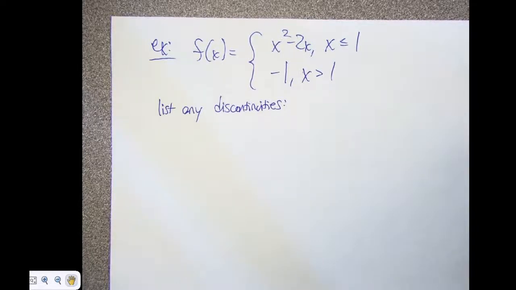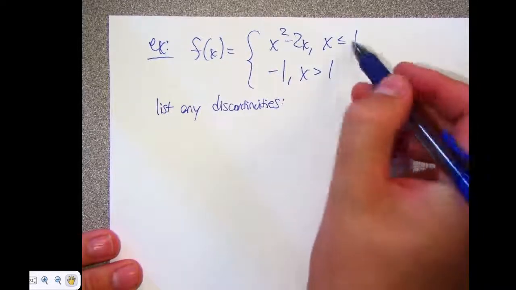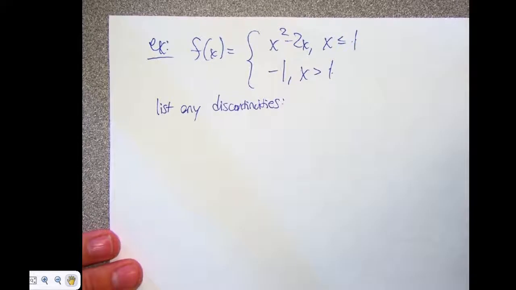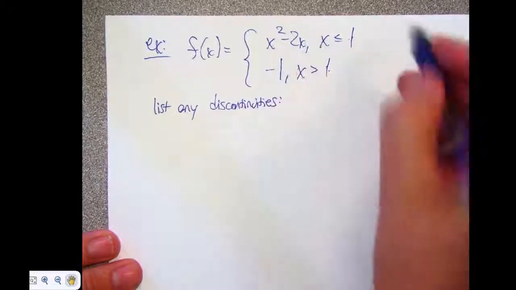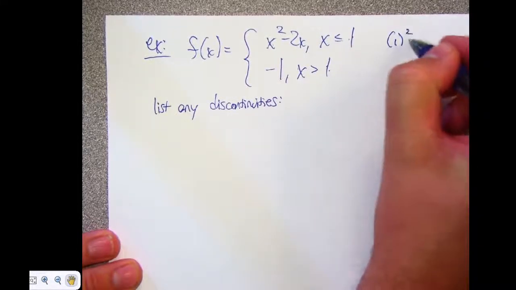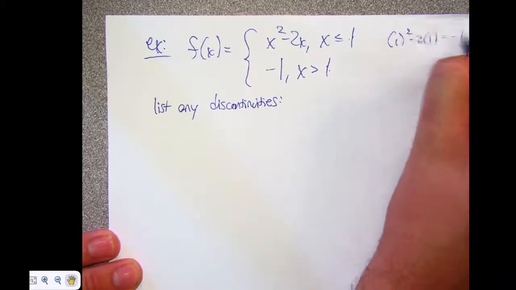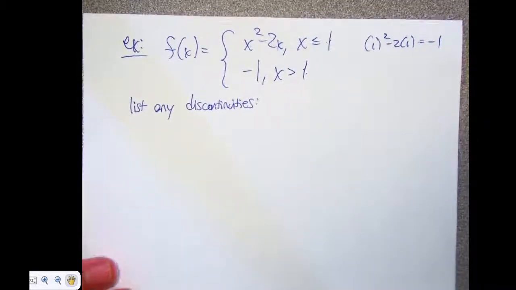And I want to know if there's a discontinuity. So if the two roads come together, is there a discontinuity? There's not. If the two roads don't come together, is there a discontinuity? Yes, and what kind? So I'm going to plug in 1 for both of those. If I plug 1 into the top, what do I get? -1.